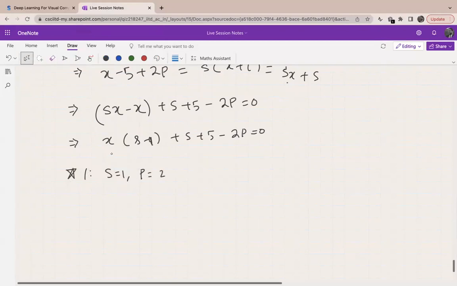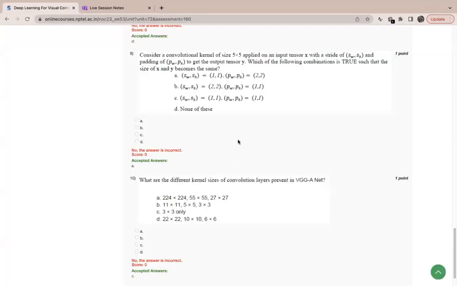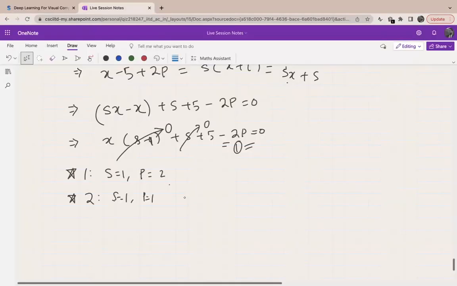If S equals 1, this becomes 0, and P equals 2 gives 1. So it is not getting equal. So S equals 1, P equals 1, I guess. Yeah, S equals 1, P equals 1. Okay, so S equals 1, P equals 2.